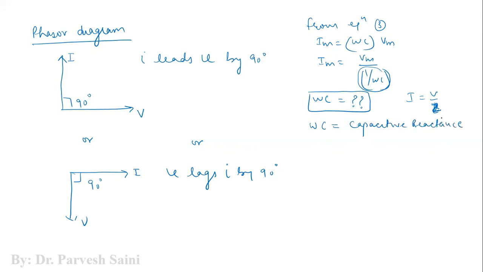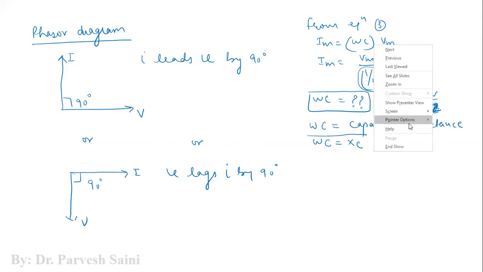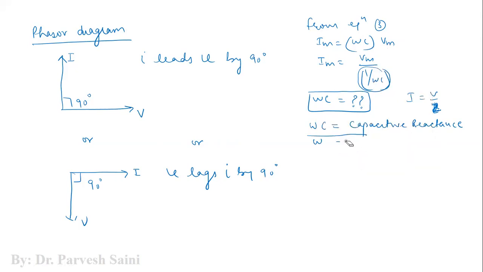It is capacitive reactance, and it is given by Xc is equal to 1 upon omega C. Now this is also measured in ohms.